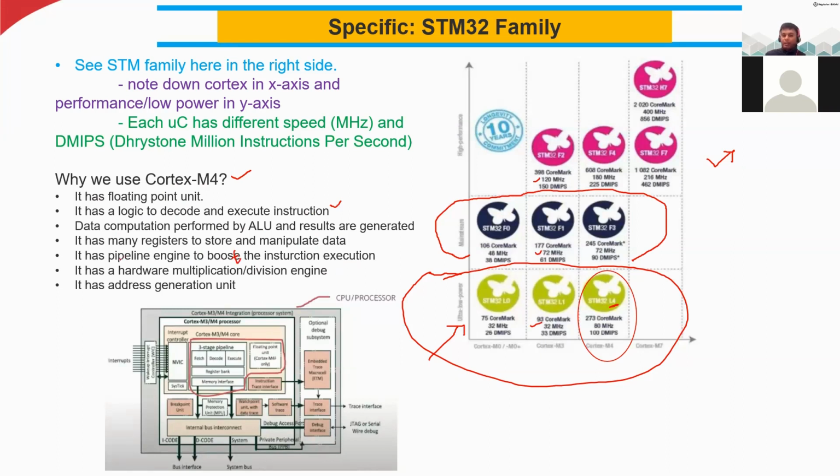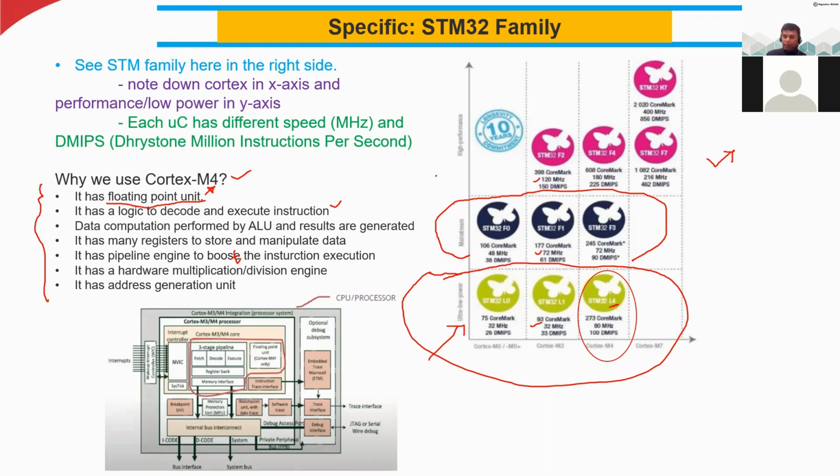Pipeline means it can execute instructions in parallel, and it has a hardware multiplication and division engine, which is also based on the ARM core, and it has an address generation unit. There are quite some advantages. Out of all these advantages, please remember the floating point unit. This M4 has a floating point unit, so it can really perform high speed computation, even though it's ultra low power.